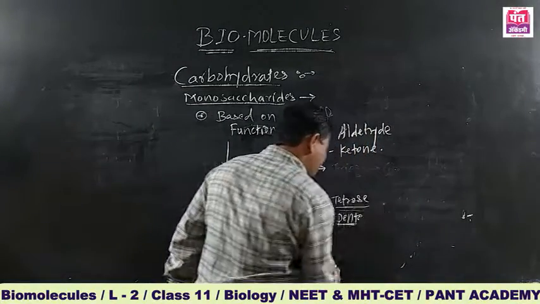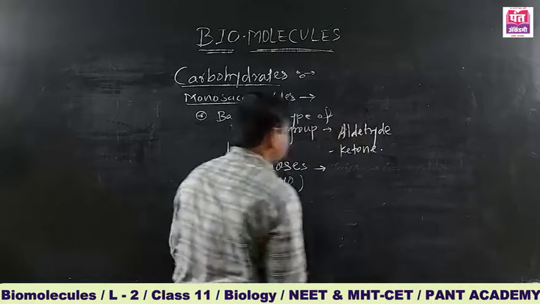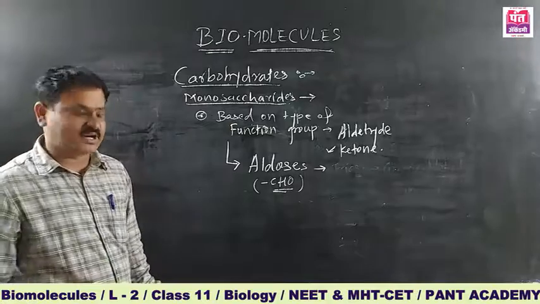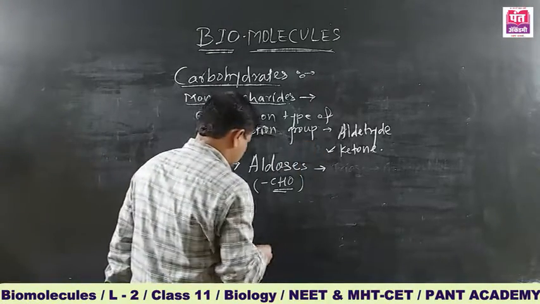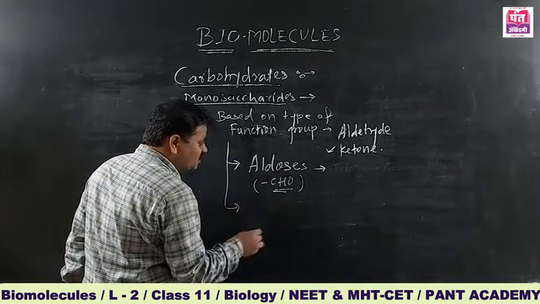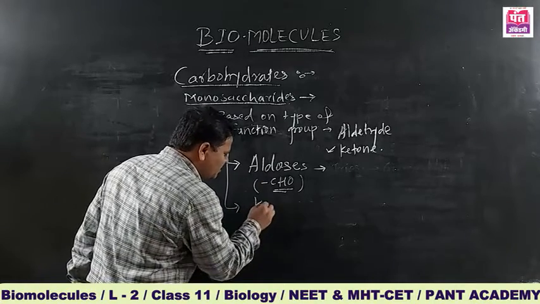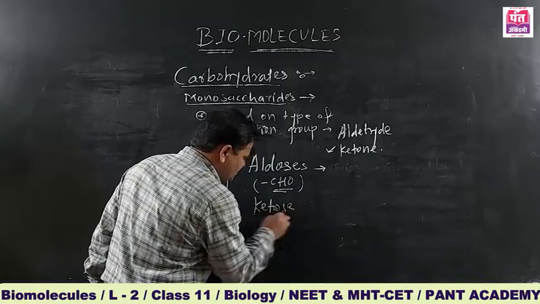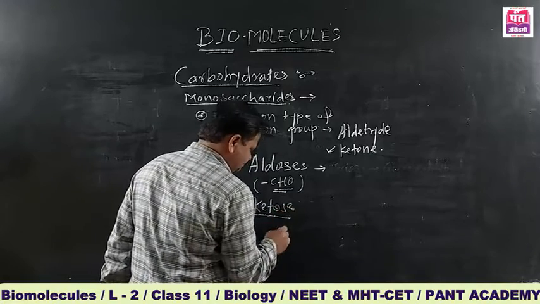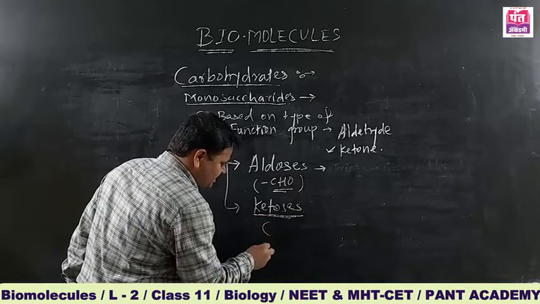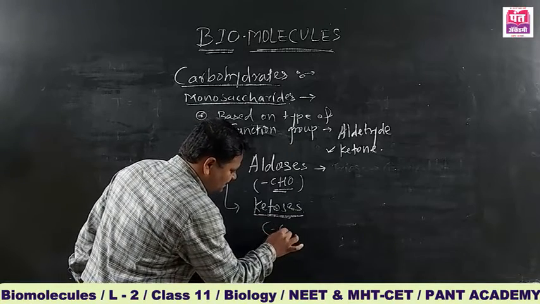There is another type of functional group present in the monosaccharide, and that is a ketone. If the ketone is the functional group, those kinds of sugars are called ketoses. Ketoses are the monosaccharides which contain a ketone, a CO, as a functional group.